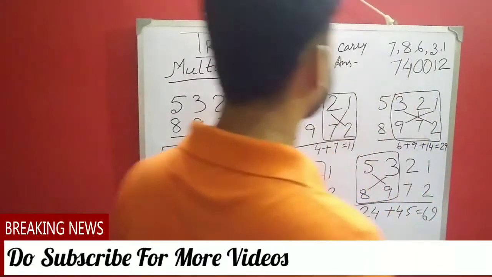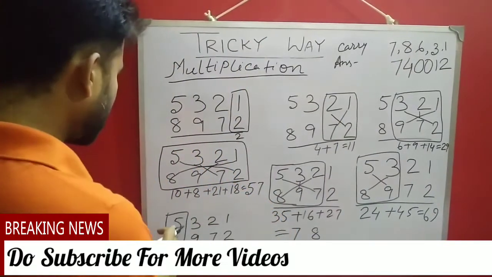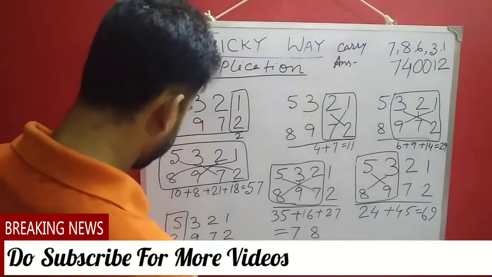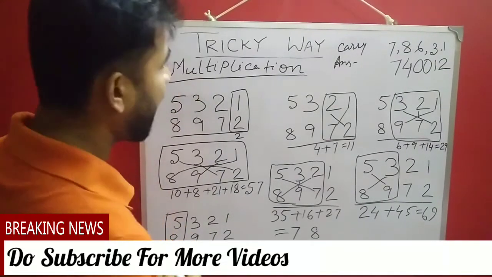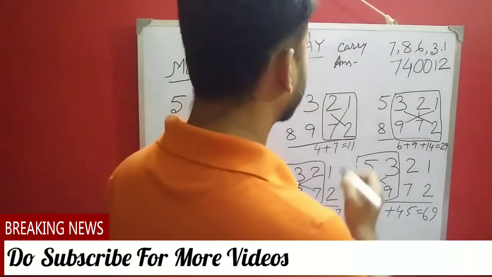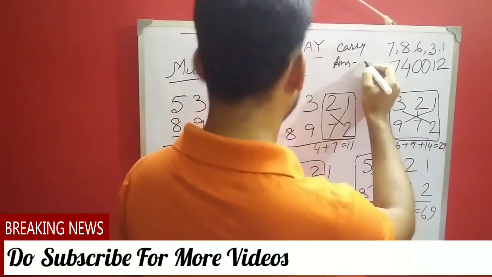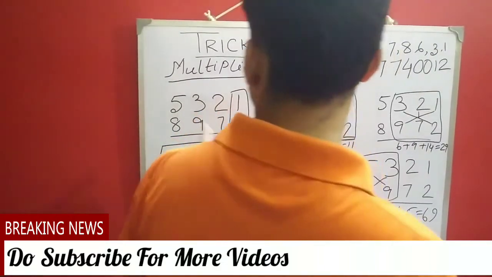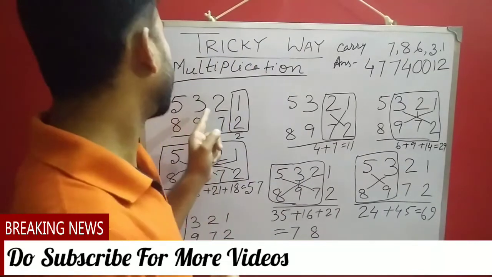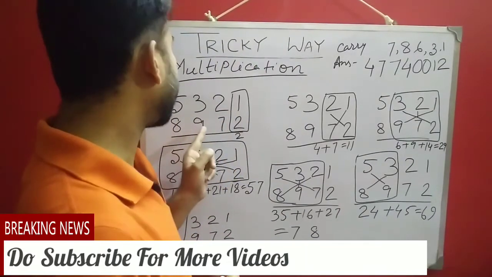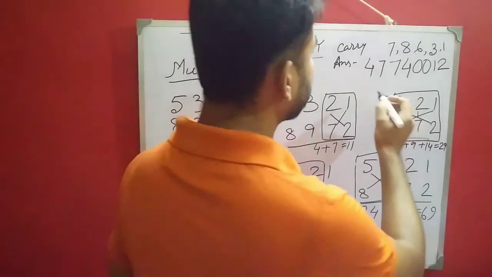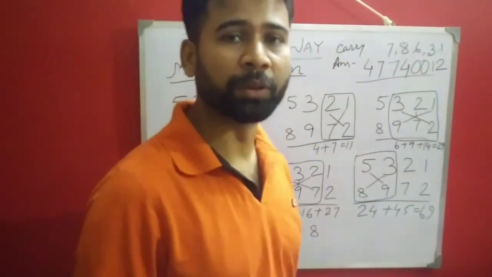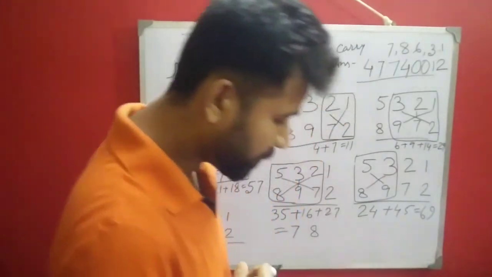Now 8 into 5 equal to 40. And we have carry 7. So 40 plus 7 equal to 47. So if we multiply 5321 by 8972, then the answer is 47740012. Okay, is it clear?